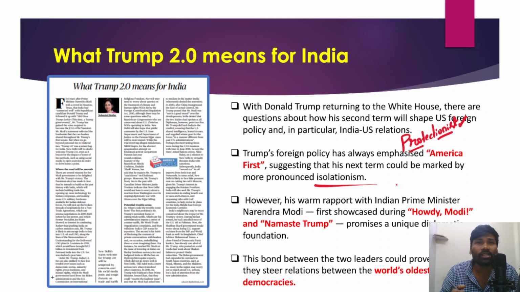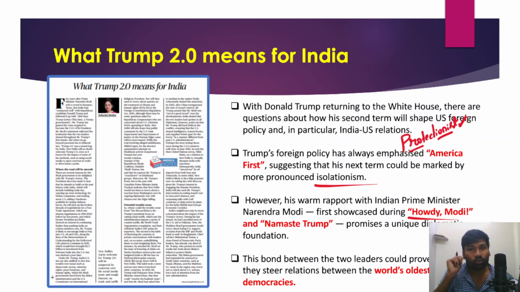When we talk about Prime Minister Narendra Modi and US President Donald Trump, there's always a warm rapport. That was clearly visible in Donald Trump's last term. There was a meeting called the Howdy Modi and Namaste Trump meeting.